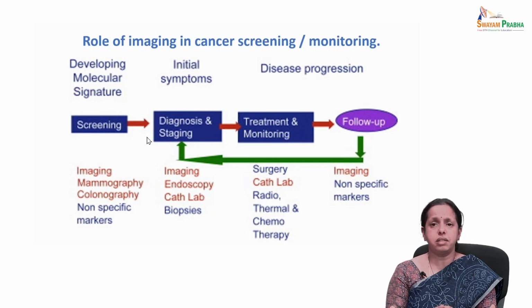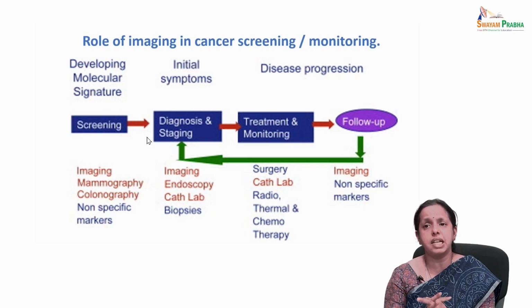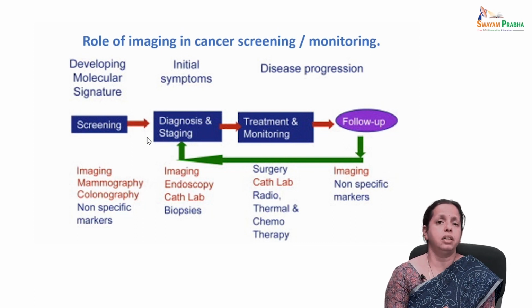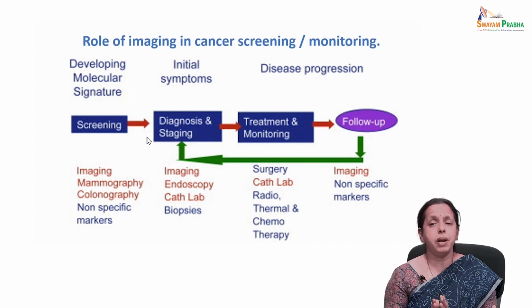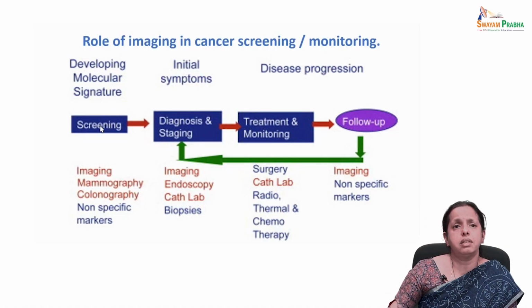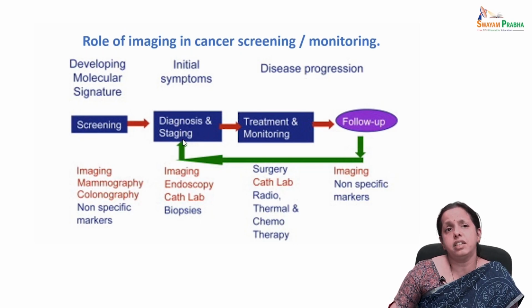Usually, the central role of imaging in cancer management is for screening symptomatic or asymptomatic people and for better disease management. So it is like the screening, then here you may recollect we were talking about diagnostics and staging.